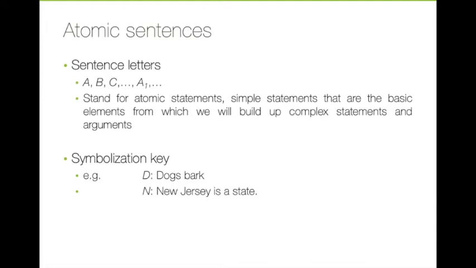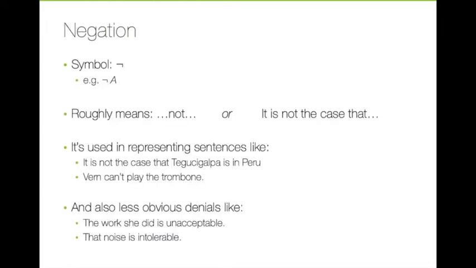The uppercase italicized letter N can stand for New Jersey is a state. Both of these are atomic statements, symbolized with sentence letters. Once we have sentence letters as our basic elements, then we can build up more complex statements using 4 key logical connectives.